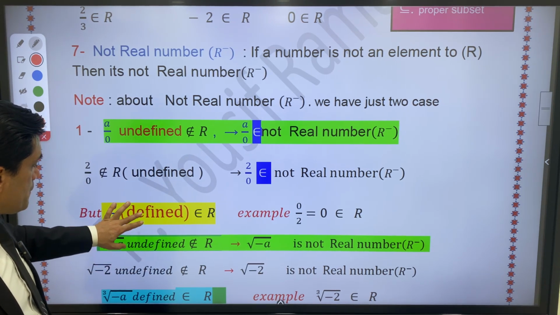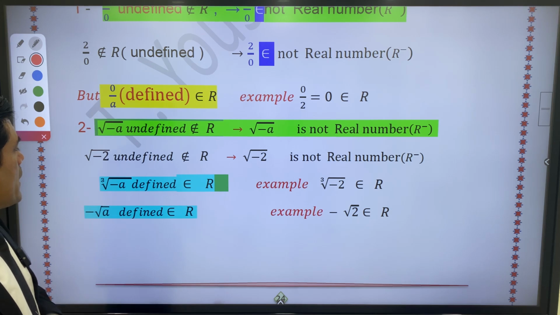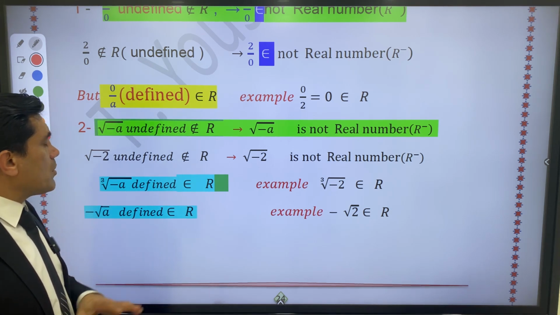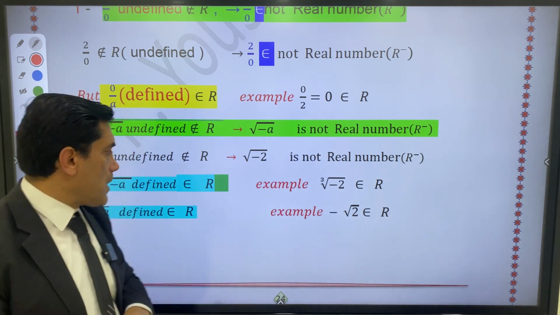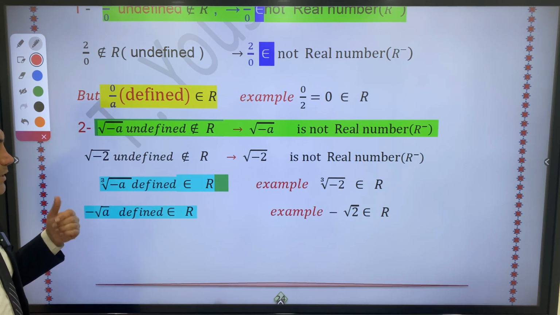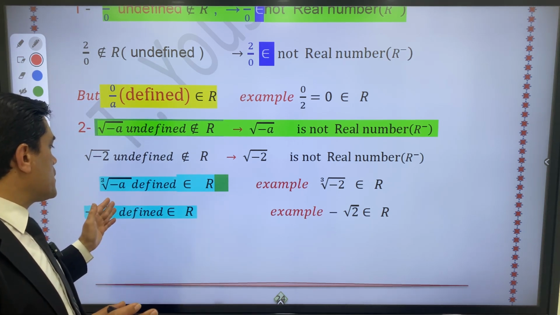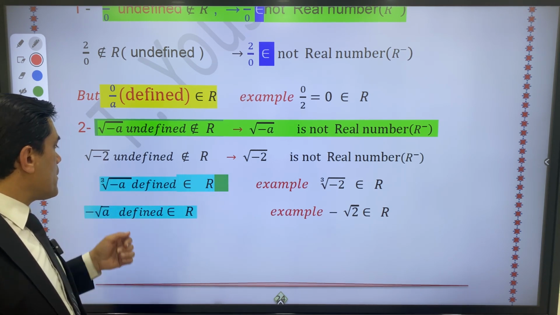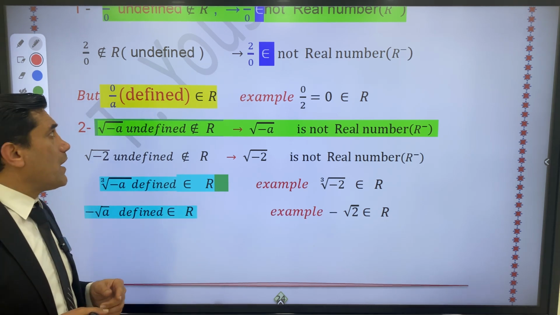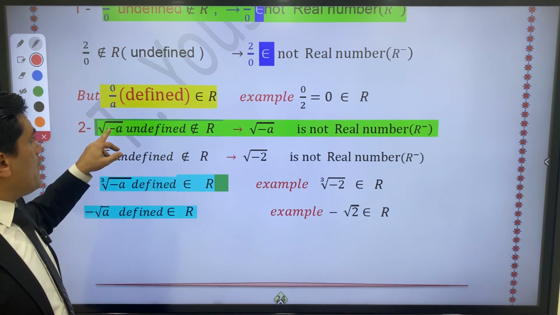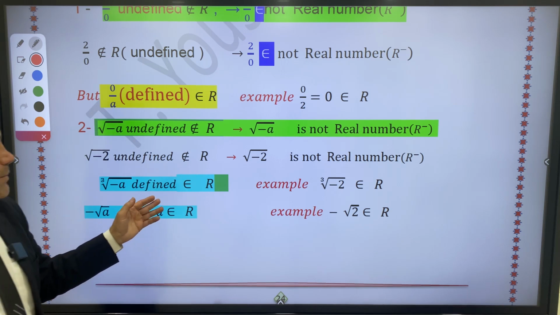For example, square root of negative 2 is undefined, that means square root of negative 2 does not belong to real numbers. So square root of negative 2 belongs to R prime. But about cube root, if under the cube root is negative, it's so easy, it's so simple. If the square root is undefined, but the cube root is defined, that means it belongs to real numbers.